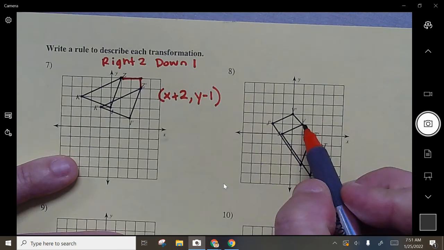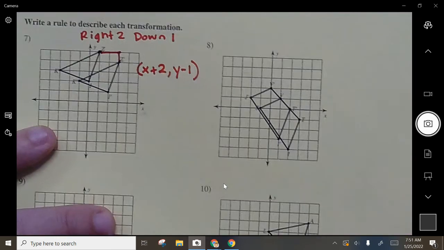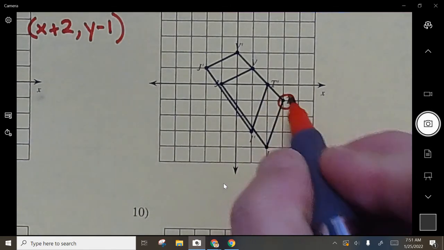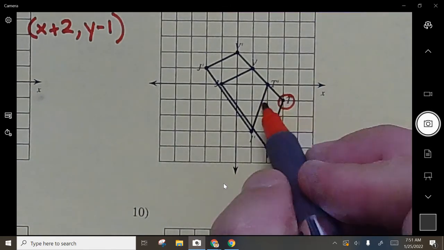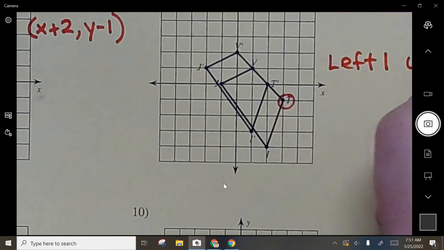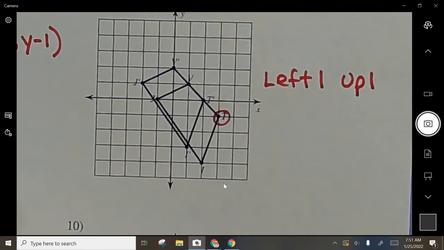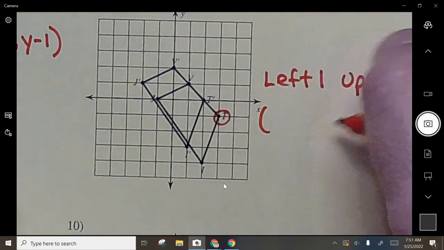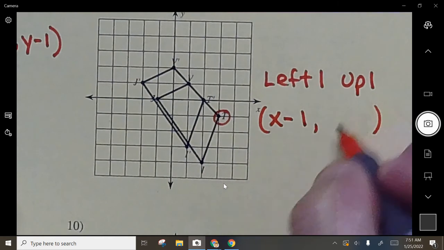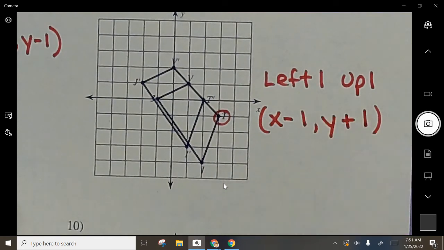What about the V? This one's actually kind of tough to see visually. If it's from T to T prime, this is where we're starting, right? We're going to go to the left 1 and up 1, okay? But how would you write that in a rule format? X, remember, left 1 means negative, and then y up means positive, right?